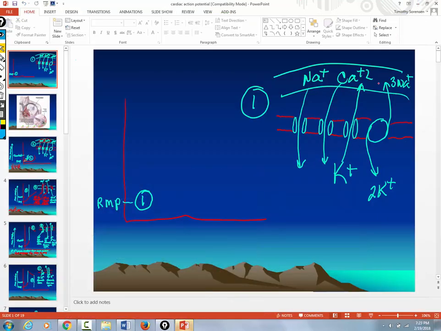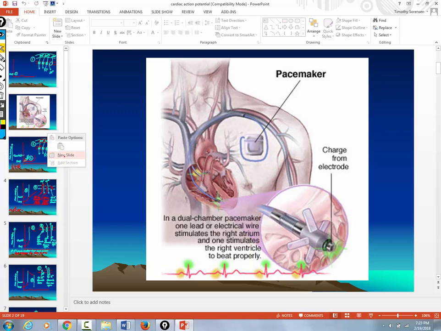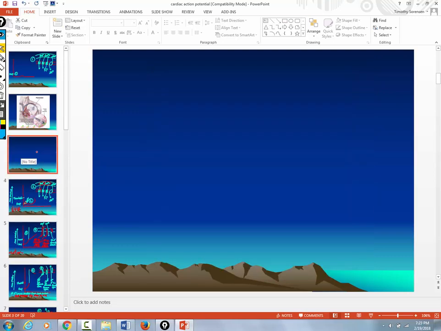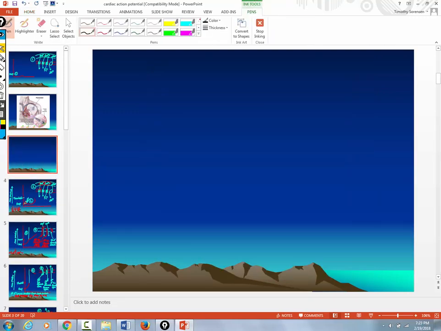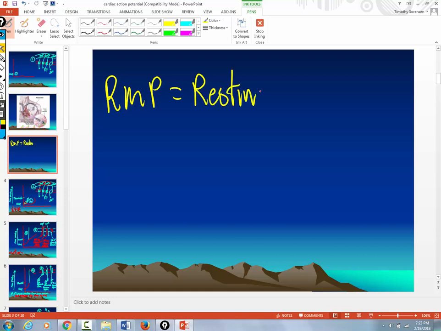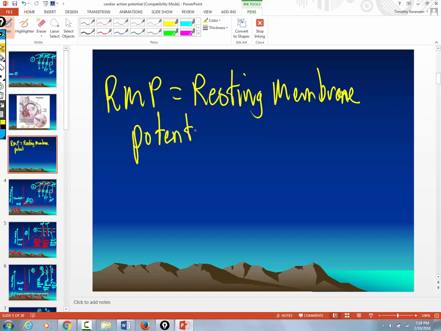So let me define a few terms. Number 1. Resting membrane potential.